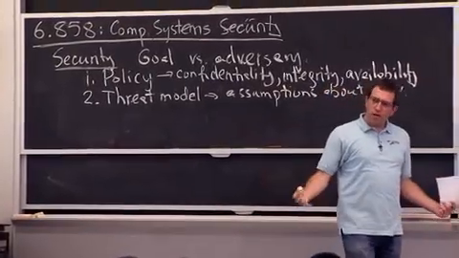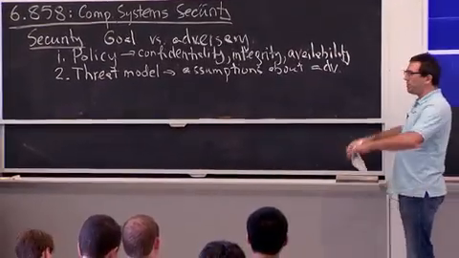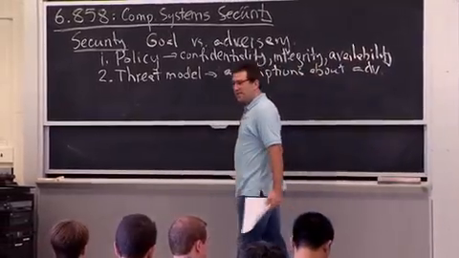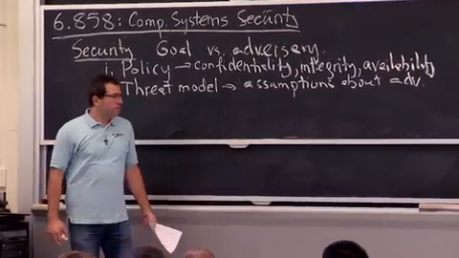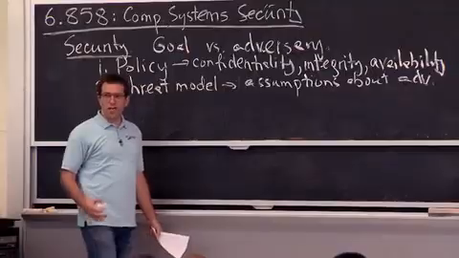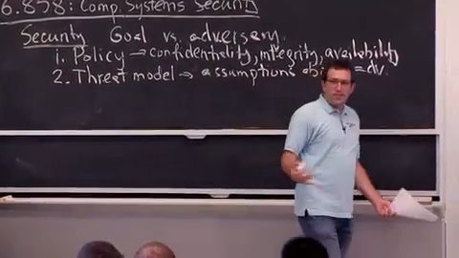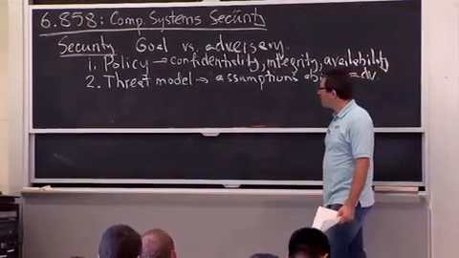It's important to have some assumptions about the bad guy, because if the bad guy is omnipresent and is everywhere at once and can do anything they want, it's going to be hard to achieve some semblance of security. So for example, you probably want to assume the bad guy doesn't exactly know your password, or they don't have physical access to your phone and your keys and your laptop. Otherwise, it's going to be hard to make progress in this game.